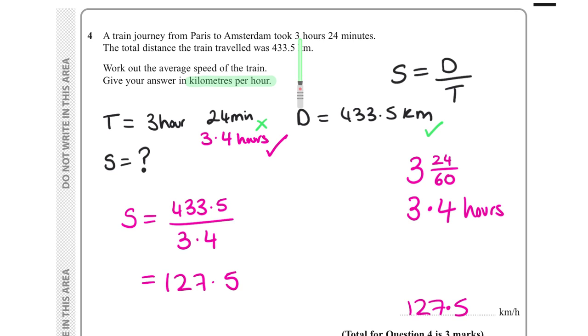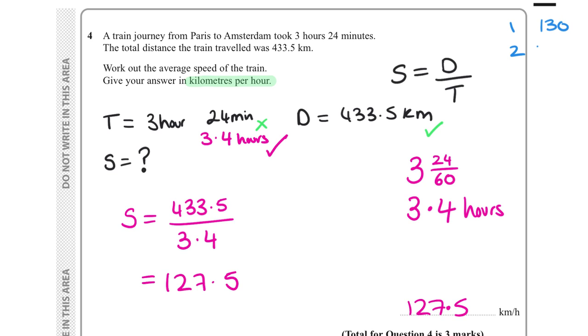Think about it. If it took roughly 3 hours, 24 minutes is what? 3.5 hours? Roughly. 3.5 hours to travel, let's call this 450 kilometres, yeah? So roughly 3.5 hours to travel 450 kilometres. Would it make sense if we travelled roughly 130 kilometres an hour? Yeah, I mean, we could even do a side note, couldn't we? And we could say, right, if we travelled 130 in the first hour, this is 1 hour.